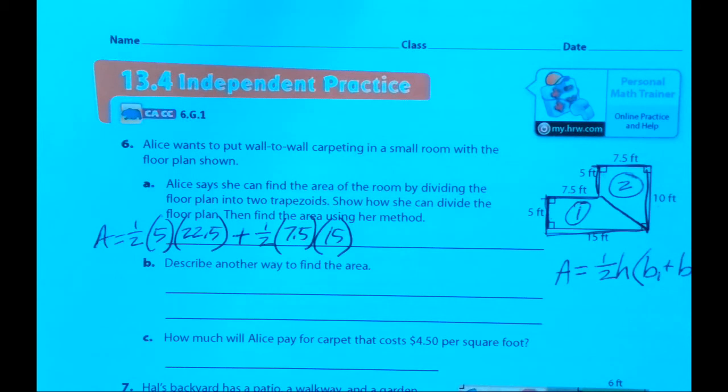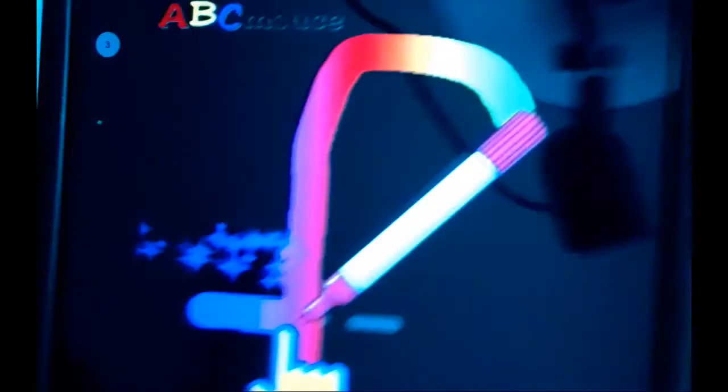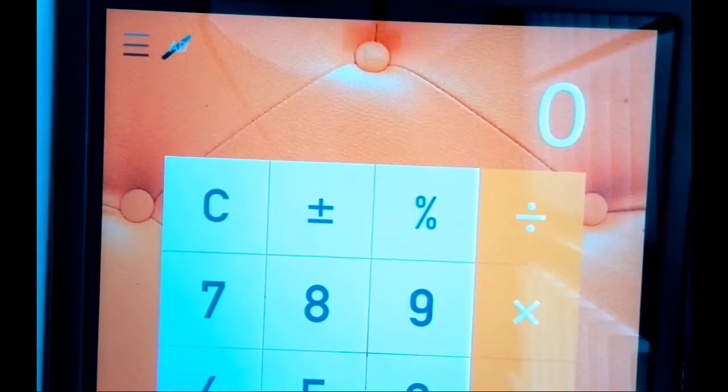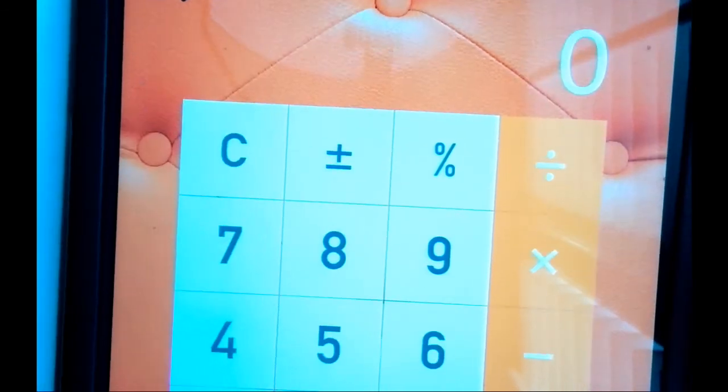If you're using a calculator, I'm actually going to put the calculator here. Let's see, that's not a calculator. Hold on. That's a calculator. All right, so now we have half of the product of 5 and 22.5.